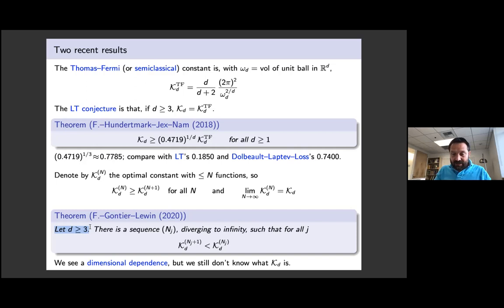They want to stick together, which is what we want to prove in dimensions 3 and higher, and which is conjectured to be wrong in 1 and 2 dimensions. So we do see here for the first time a dimensional dependence in these inequalities, but we still don't know what the optimal constant is. And so concerning the real conjecture, we're still away from that.